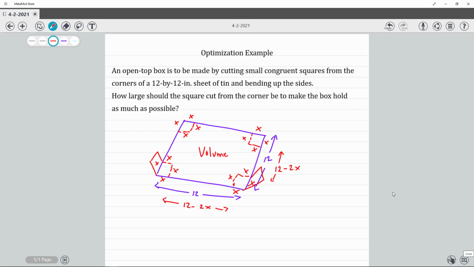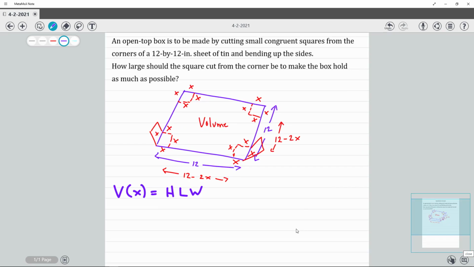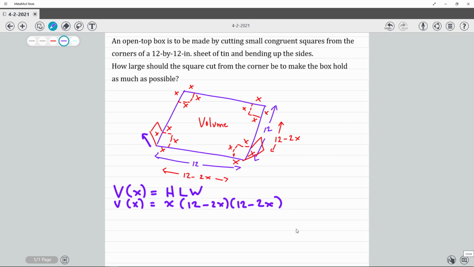And from here, I remember that if this is going to be a max, and it's the volume, that's going to be the height times the length times the width. Remembering that, the height, when you fold these up, would be x. The length and the width are the same, 12 minus 2x and 12 minus 2x.